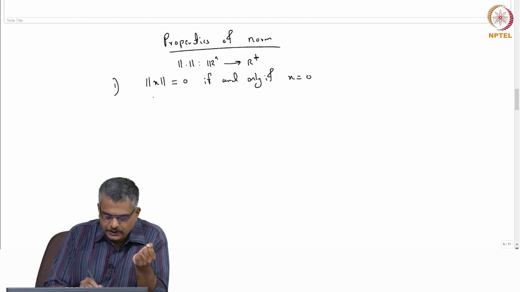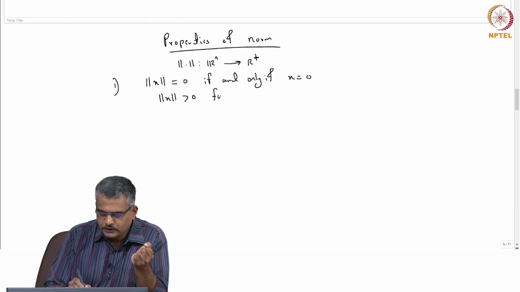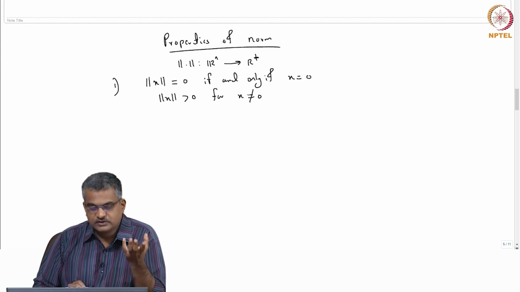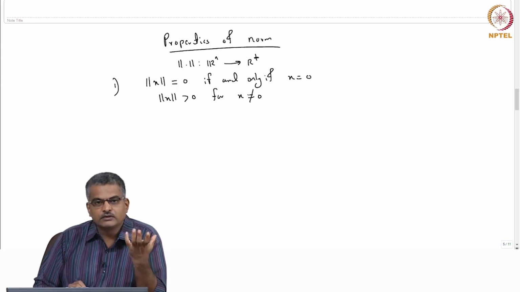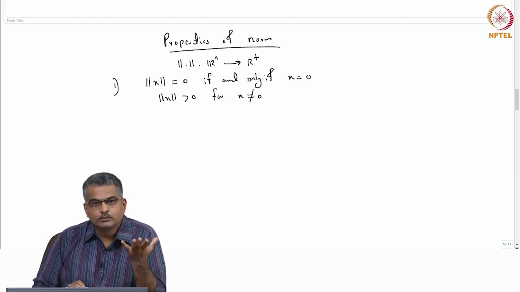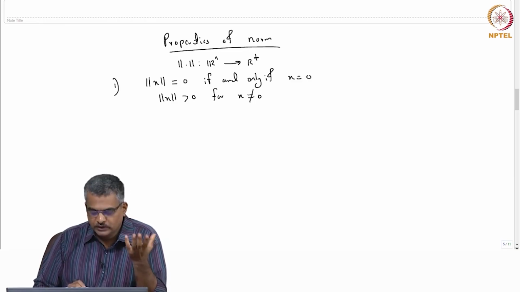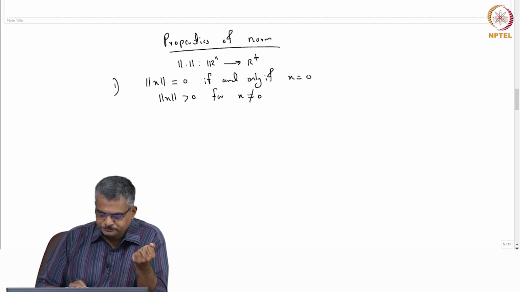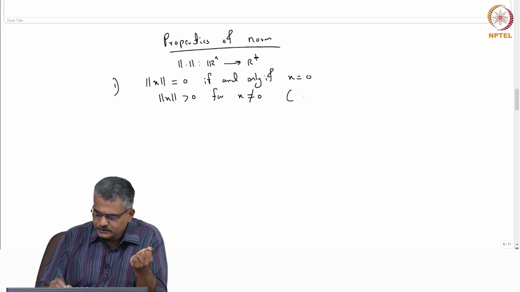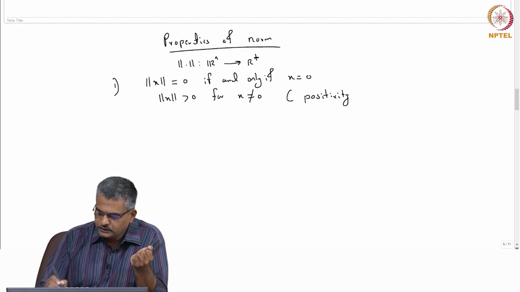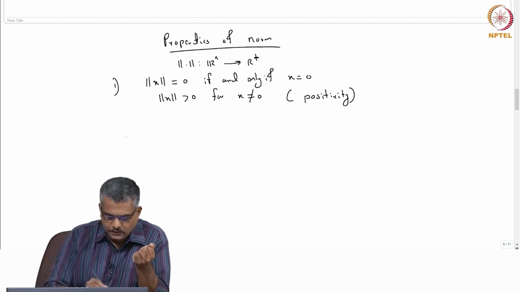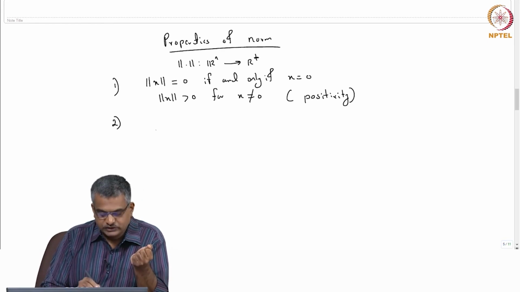And the norm of x is positive whenever x is not equal to 0. So, this is what we understand: the length of a vector is always a non-negative quantity. It is 0 only when the vector is a 0 vector. This is known as the positivity property.